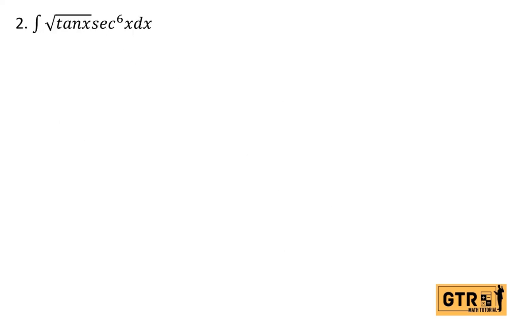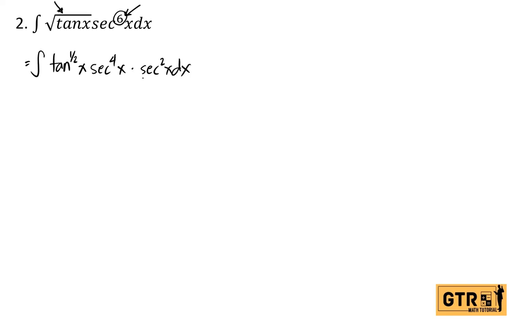So we have the integral of square root of tangent x times secant to the 6th x dx. So we need to factor out a secant square. For the square root, we convert this into a rational exponent. So we have the integral of tangent raised to 1/2 x, and then we break this into secant to the 4th x times secant square x dx.